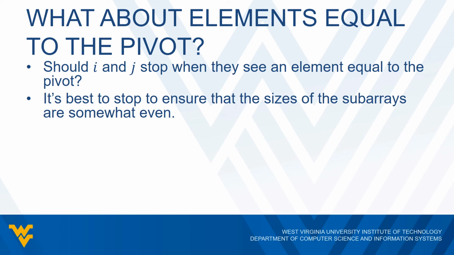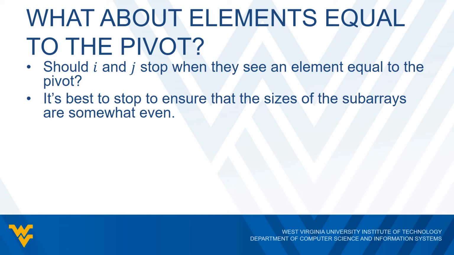It's best to stop whenever we see an equal value, just to make sure that the sizes of the subarrays are somewhat even. We mentioned before that it's not a huge deal if they're off by a little bit, but if we get a case where all the elements are in one array, we could encounter a problem. So it's best to stop when we encounter an element that is equal to the value of the pivot.